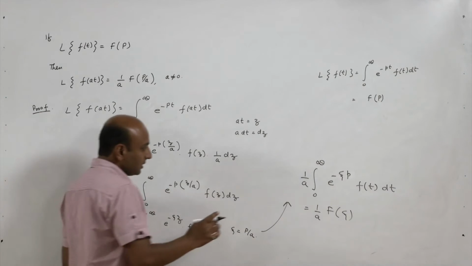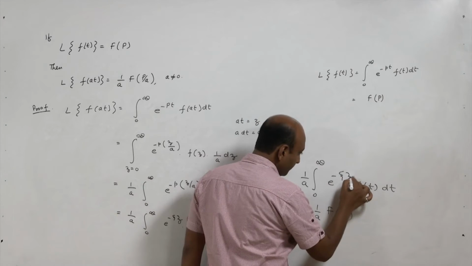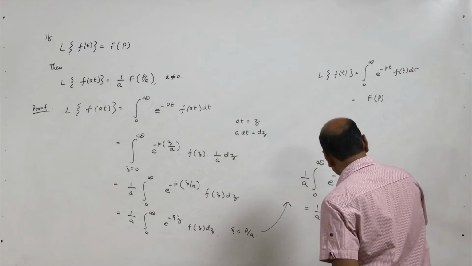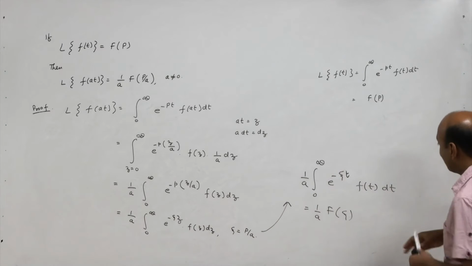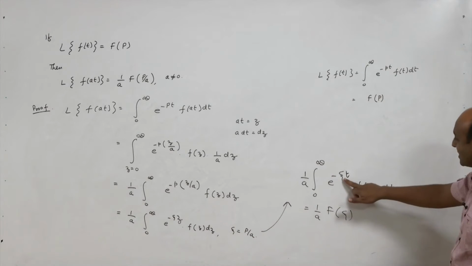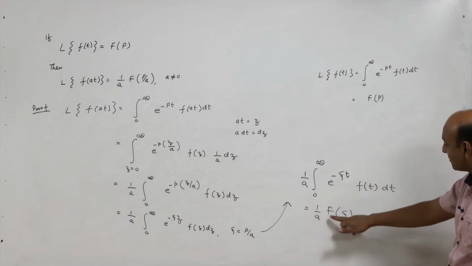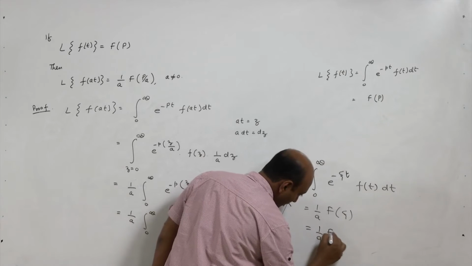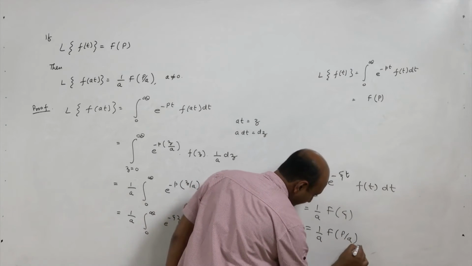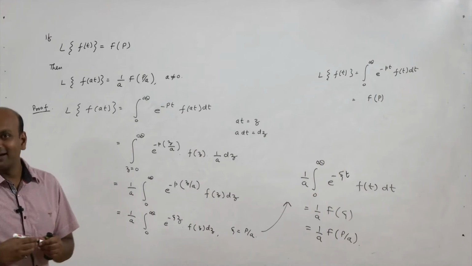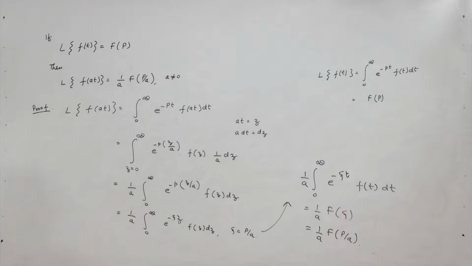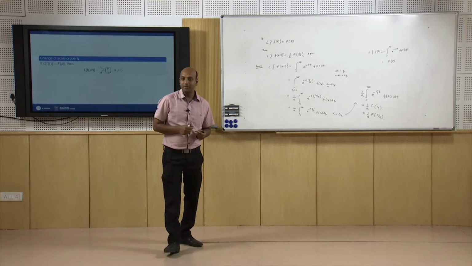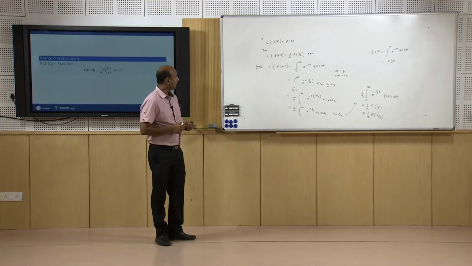So, it is 1/a F(p/a). That is the proof of the change of scale property: the Laplace transform of f(at) is nothing but 1/a F(p/a).